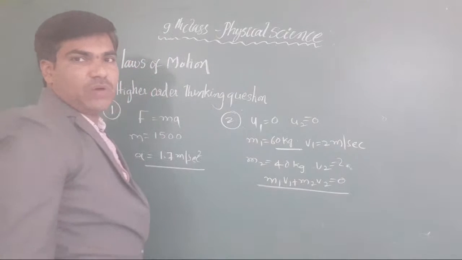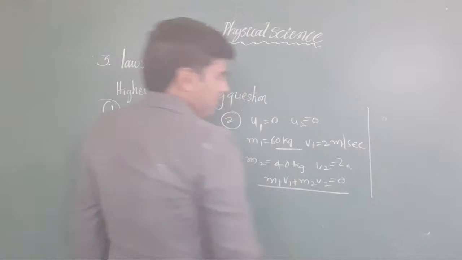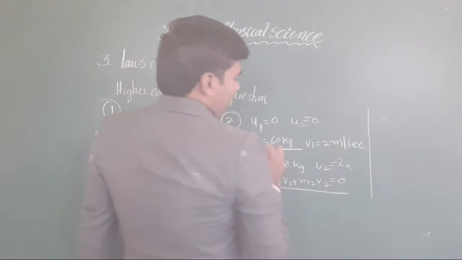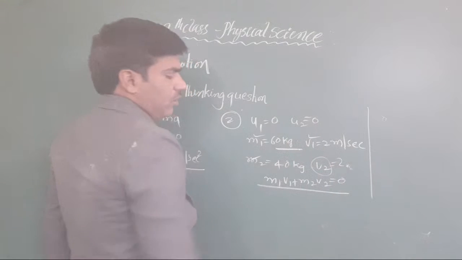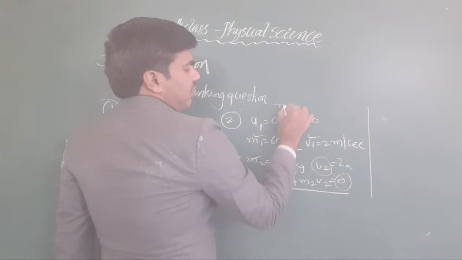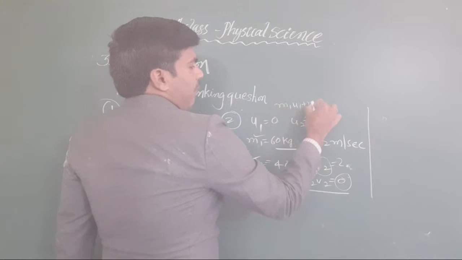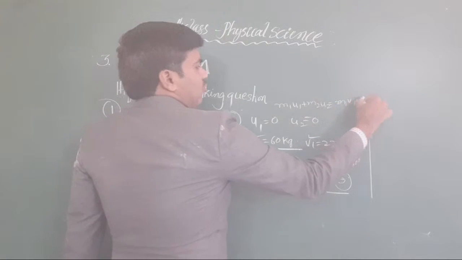Now this formula only you have to consider here. Now automatically what will it become? M1 V1 you know very well, M2 we know very well, you don't know V2. Why? Because we have taken 0 here. Actually, what is the formula? M1 U1 plus M2 U2 is equal to M1 V1 plus M2 V2.